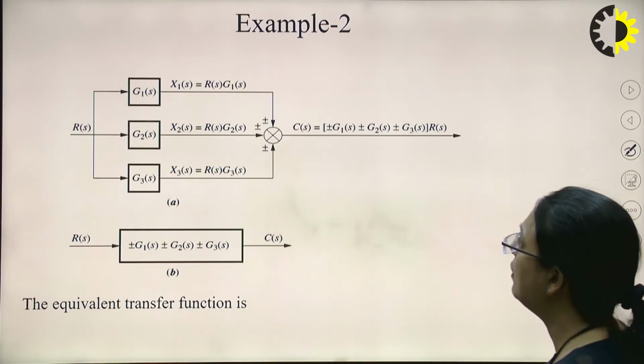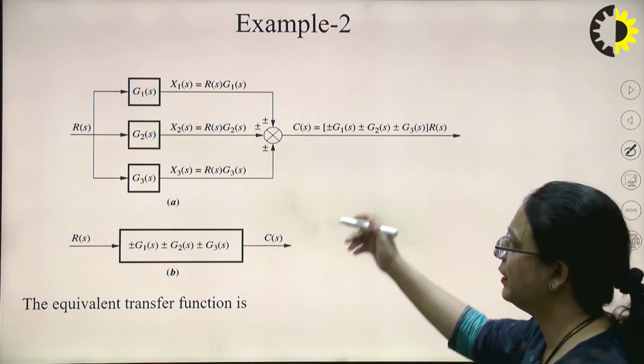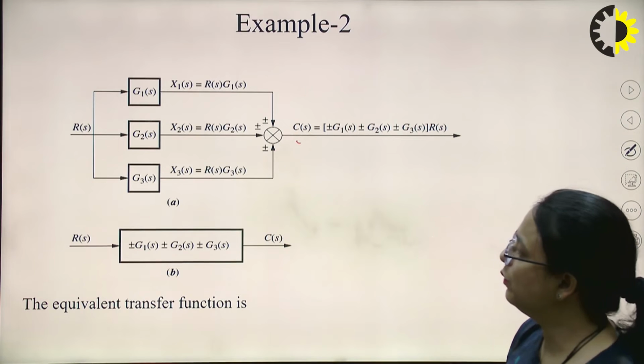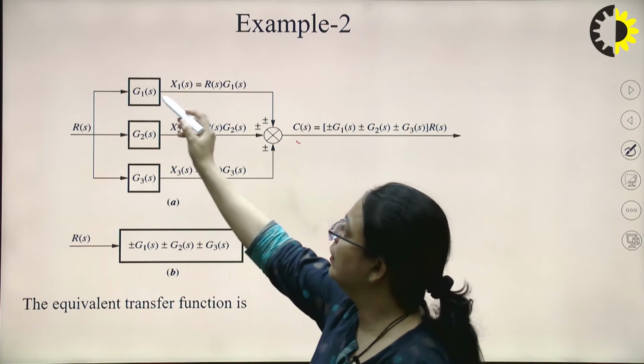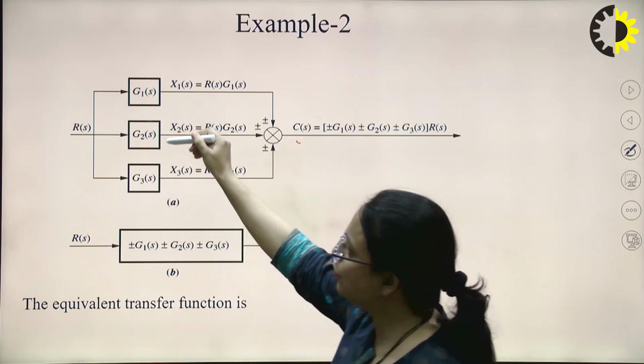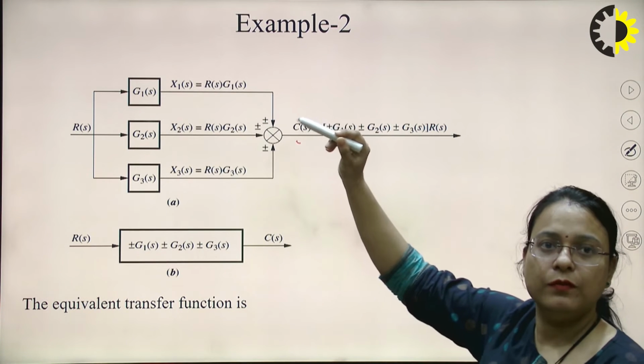Now coming to another example, for the blocks which are connected in parallel. See here, you can get C(s). C(s) will be R(s) into G1(s), R(s) into G2(s), R(s) into G3(s). The summation will be C(s).